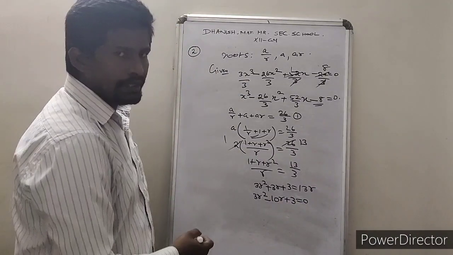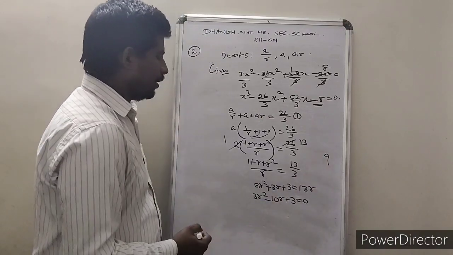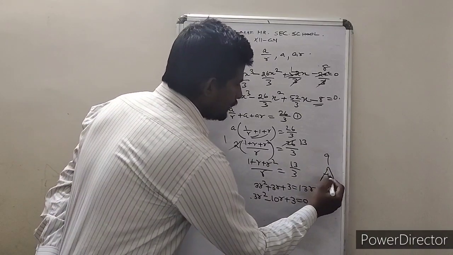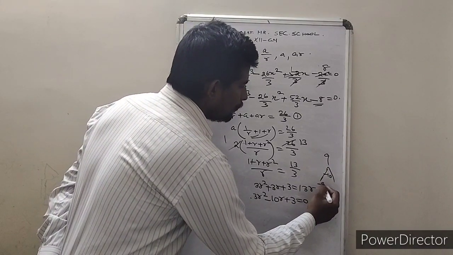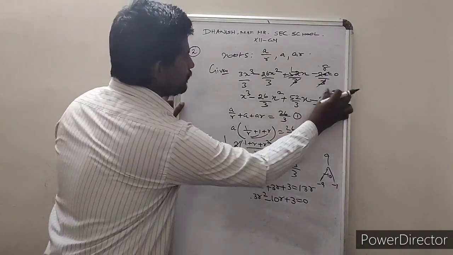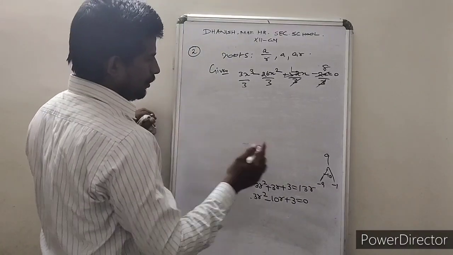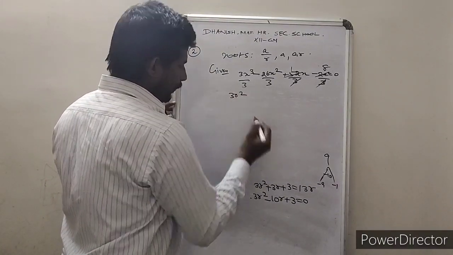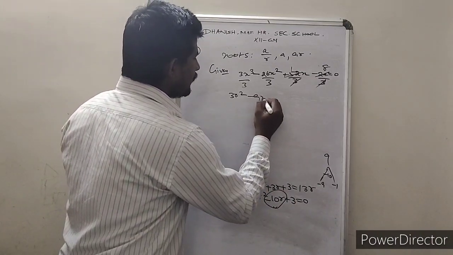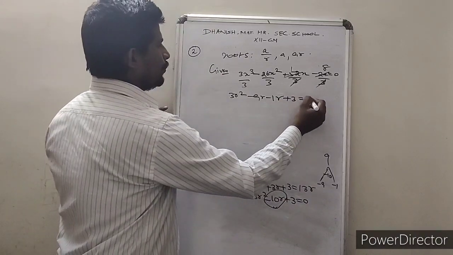Now we can factorize this by the splitting the middle term concept. The product is 3 into 3, 9, so we need factors of 9 that add to minus 10. Our required numbers will be minus 9 and minus 1. So instead of minus 10r, I am going to write 3r square minus 9r minus r plus 3 equal to 0.